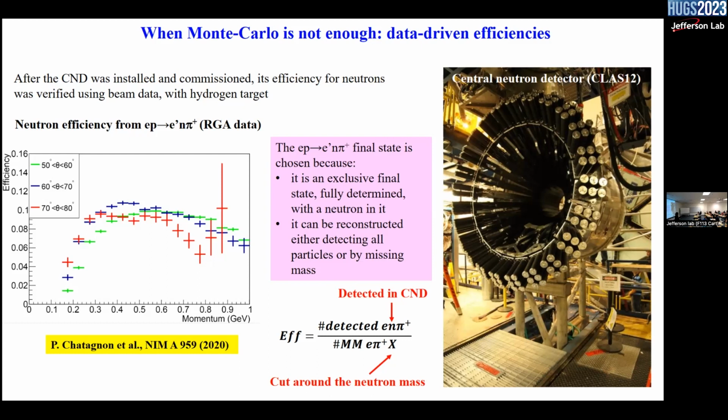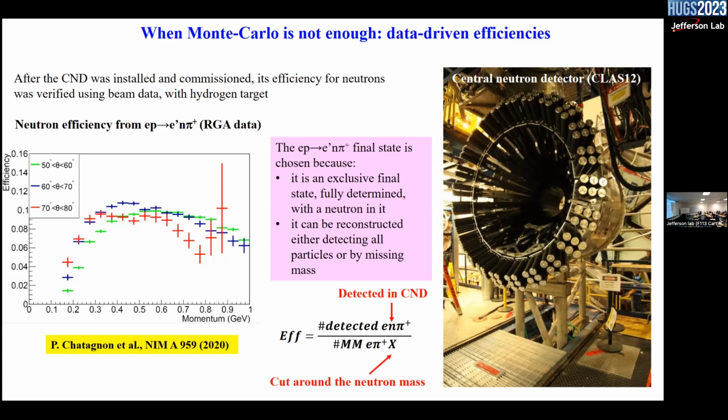Maybe it's better now, but when I started doing simulations for this detector, there is this thing you can choose in GEANT4, the physics list, which is the model you use to reproduce the interaction of the particles in the medium. And depending on which one I chose, I was getting different responses for neutrons. Because neutrons are tricky particles. I mean, they are complicated to detect.